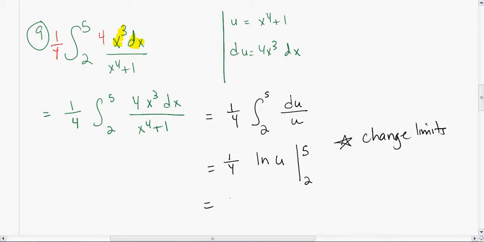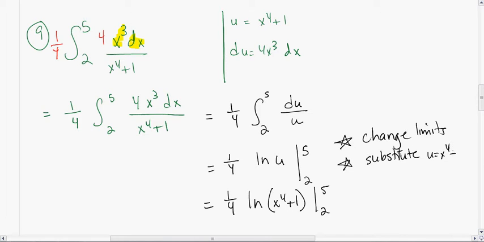So I'm going to replace u with x to the 4th plus 1, and then I can evaluate it from 2 to 5 without changing my limits. So I either needed to change my limits at this step or substitute the x to the 4th plus 1 back in for u, one or the other.